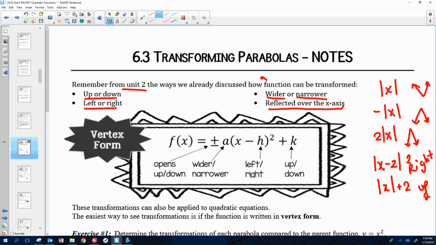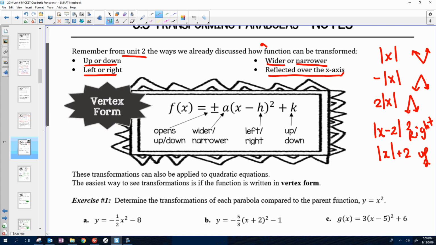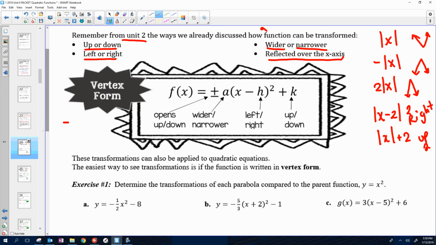That's a quick little remember this kind of thing, but we're going to look at vertex form for parabolas, and that obviously is going to have a square in there. That's because it's a parabola or a quadratic. You're going to have a positive or negative in the front with the a value. That's going to make it be reflected, narrower, wider.